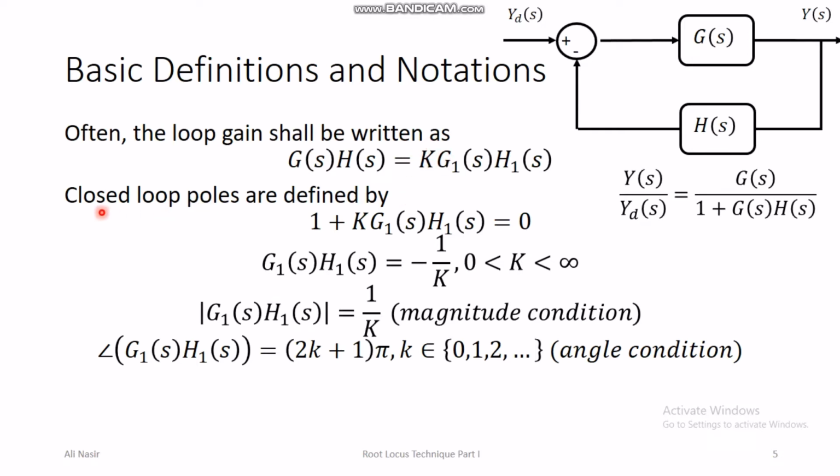Closed loop poles are defined by 1 plus K G1(s)H1(s) equals 0. So what is 1 plus K G1 H1? This is basically 1 plus G(s)H(s).